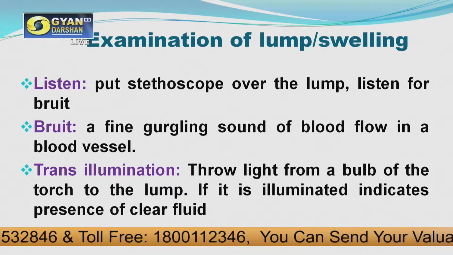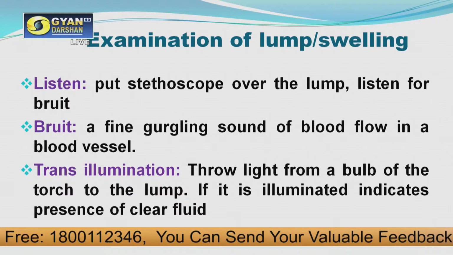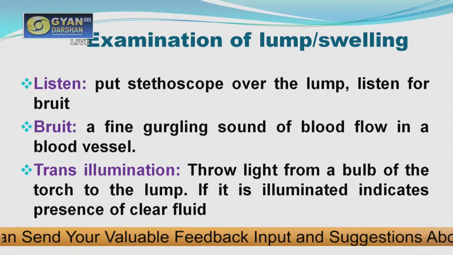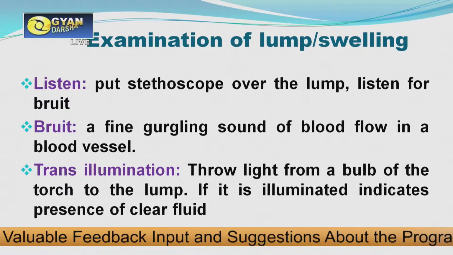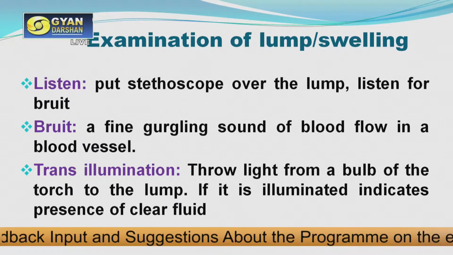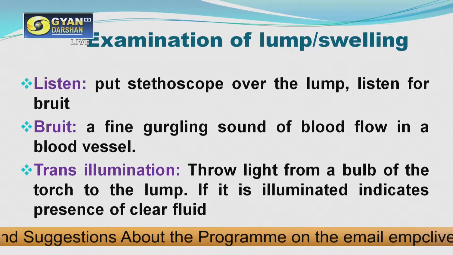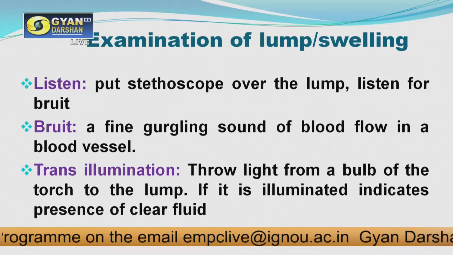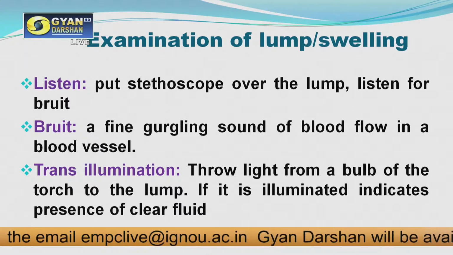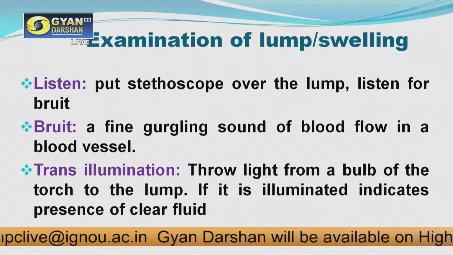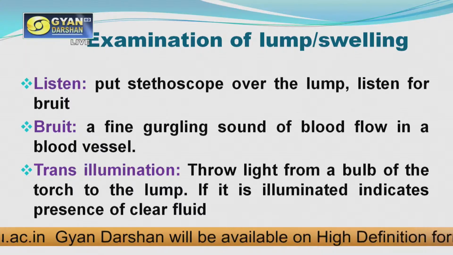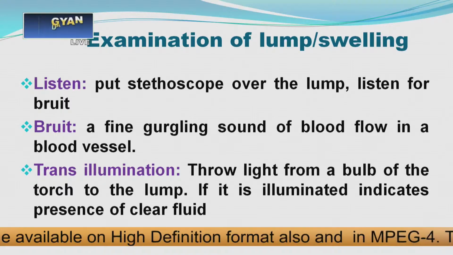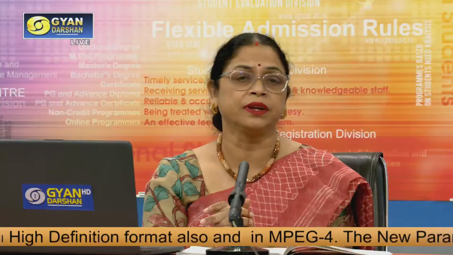So if the blood flow over the lump is very high, then a gurgling sound can be heard. Transillumination is another method, in which you throw light from a torch onto the lump. If it is illuminating, and some bright light is visible, it indicates the presence of clear fluid.